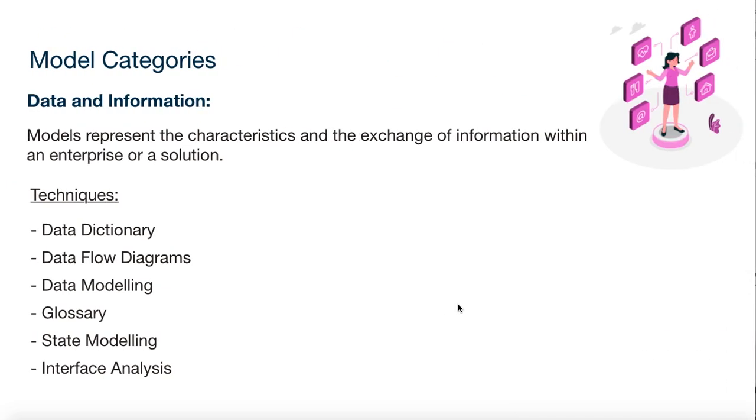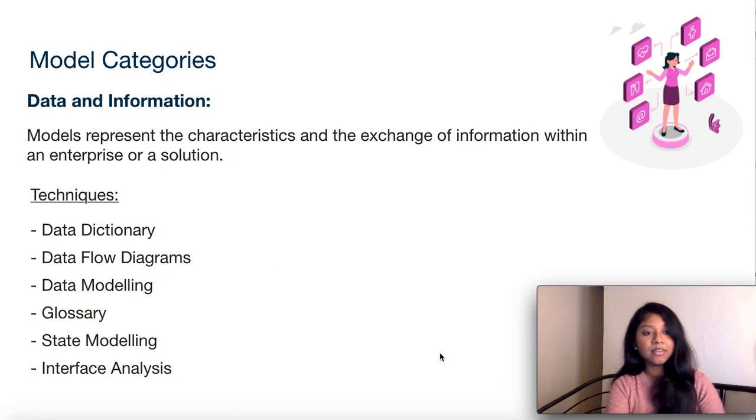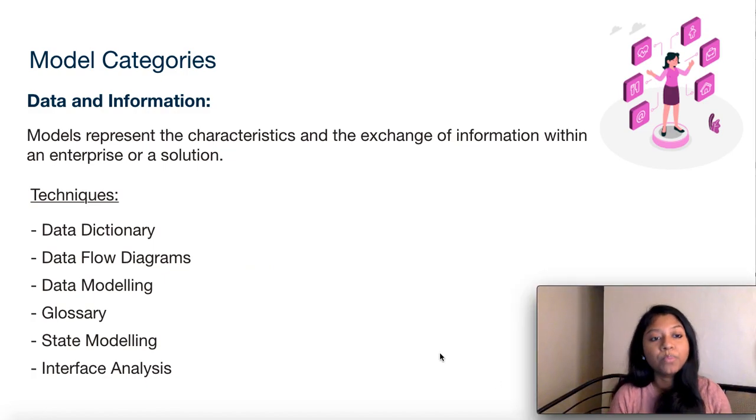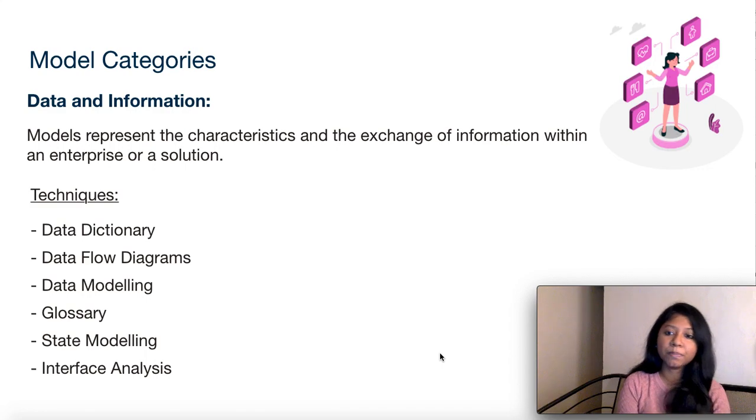And the last one is data and information. These are the models that represent the characteristics and the exchange of information either within a particular enterprise or within an application or solution.